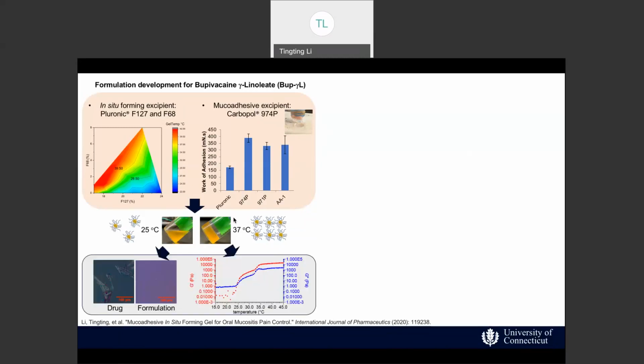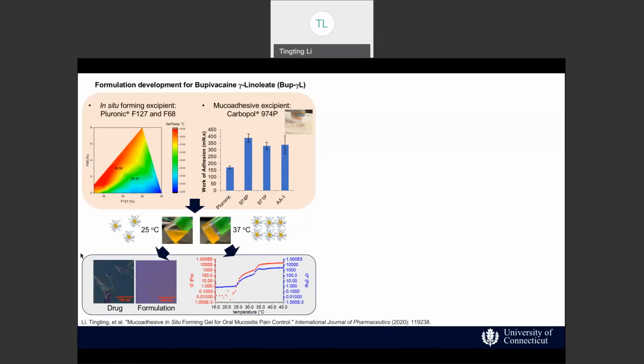Furthermore, once we have a formulation, we need to characterize its physical chemical properties. I show two results here, but of course, there are many other physical chemical properties that are very important for this type of dosage form, and you can refer to the reference attached here for more details. For these two physical chemical characterizations, the left one shows a result coming from an instrument called a polarized light microscope.